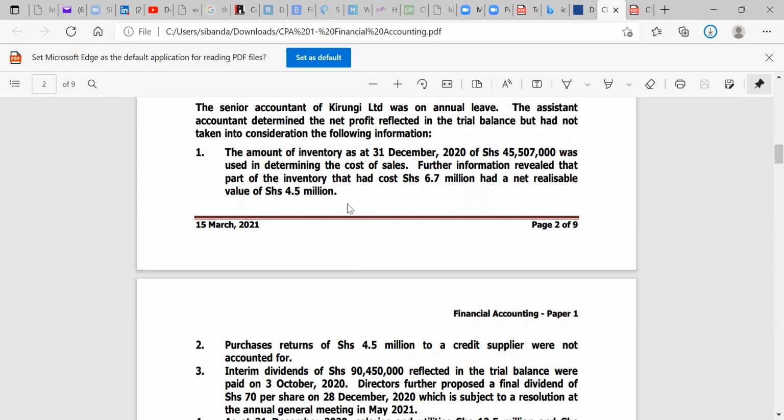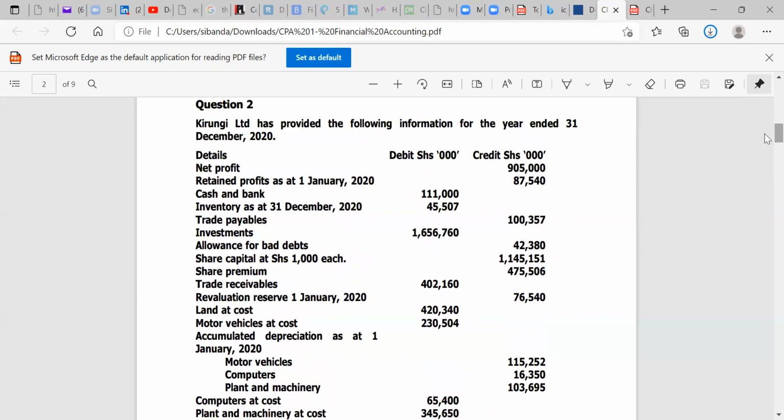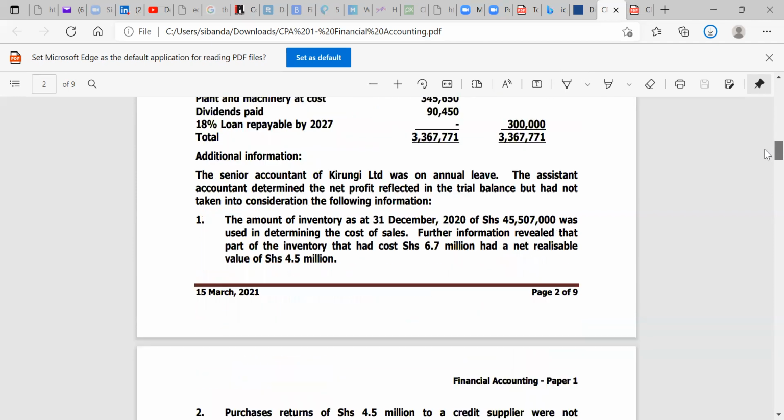Like I said, you can only do this when you know how to draw up the normal P&L, when you can picture what the account assistant exactly did, because they have not shown us the statement of profit and loss that the accountant did. They have rather just given us a single value, which is the profit. So your role is to ask yourself: inventory here was overcosted.